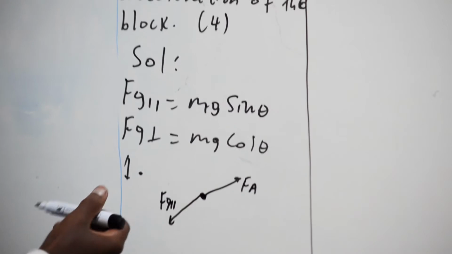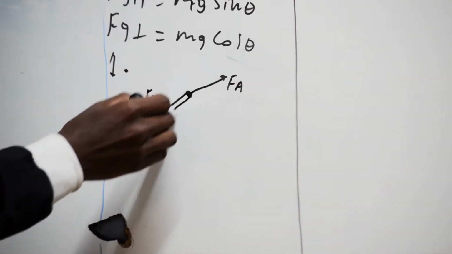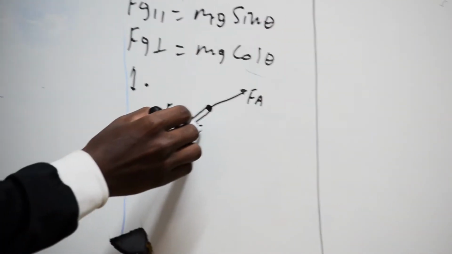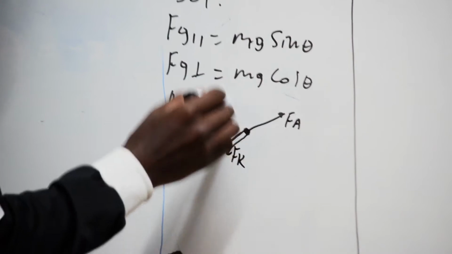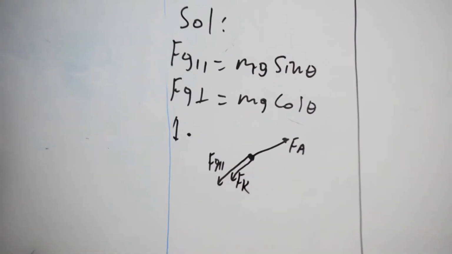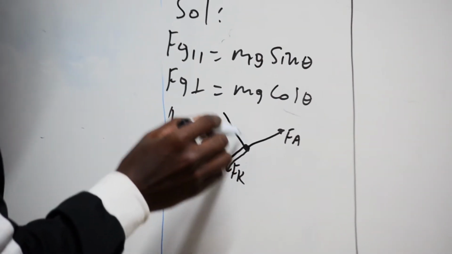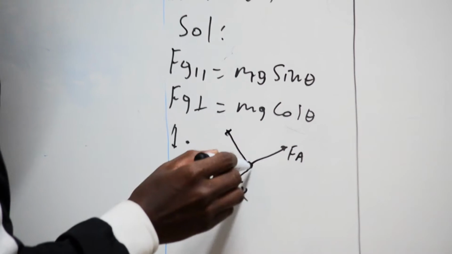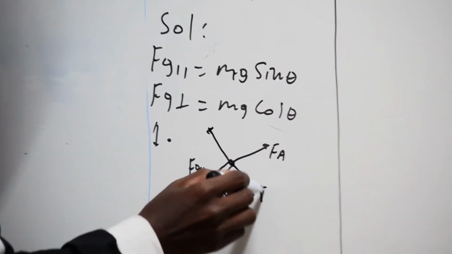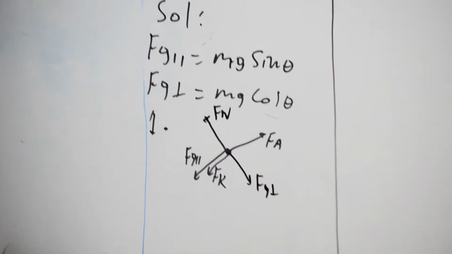What else are we given? We are given FK is 20.37 Newton, so we have friction. Don't make a mistake: applied force and FK are together here. If you are given an applied force you will also have FK, since friction is there because the object is moving. So your force diagram needs FG perpendicular and FN, that is what they want.